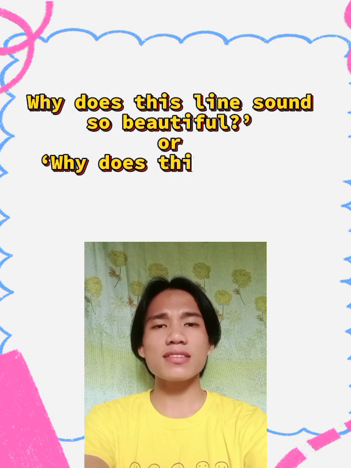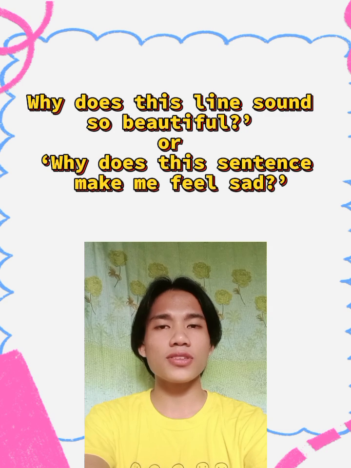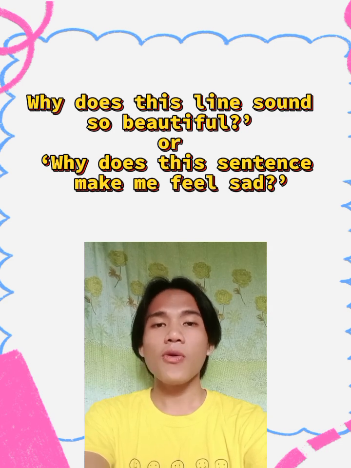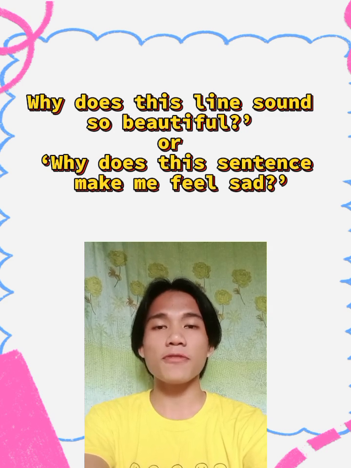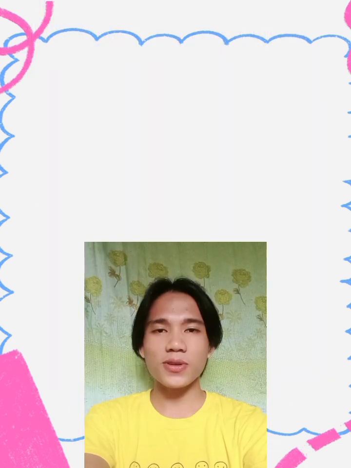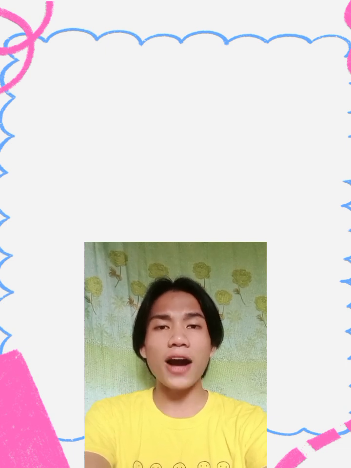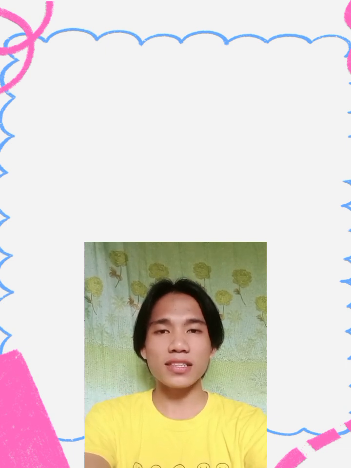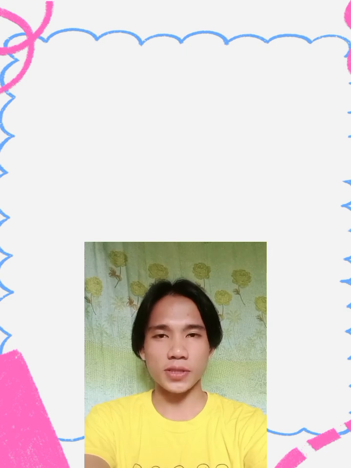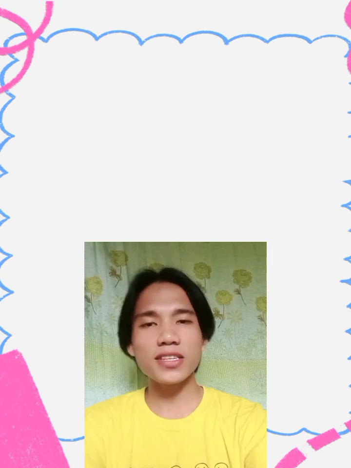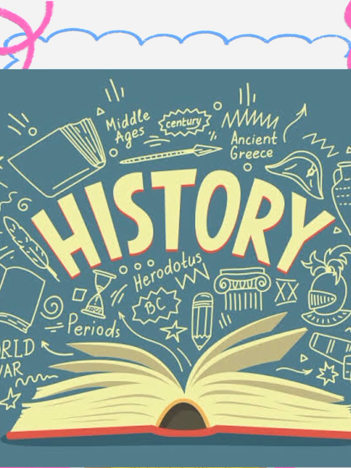For example, in a poem, we can ask, why does this line sound so beautiful? Or why does this sentence make me feel sad? So stylistics helps us understand why a writer chooses certain words or sentences and how those choices affect us as a reader.